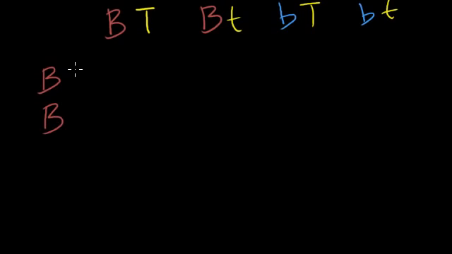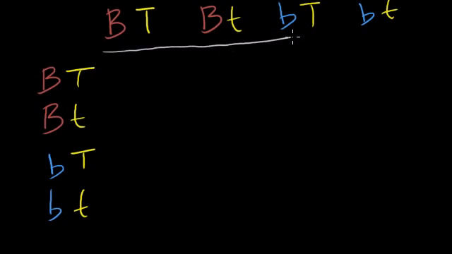So the dad could contribute the big teeth or the little teeth along with the brown eye gene, or he could contribute the blue eye allele in combination with the big teeth or the little teeth. So these are all the different combinations that can occur for their offspring.